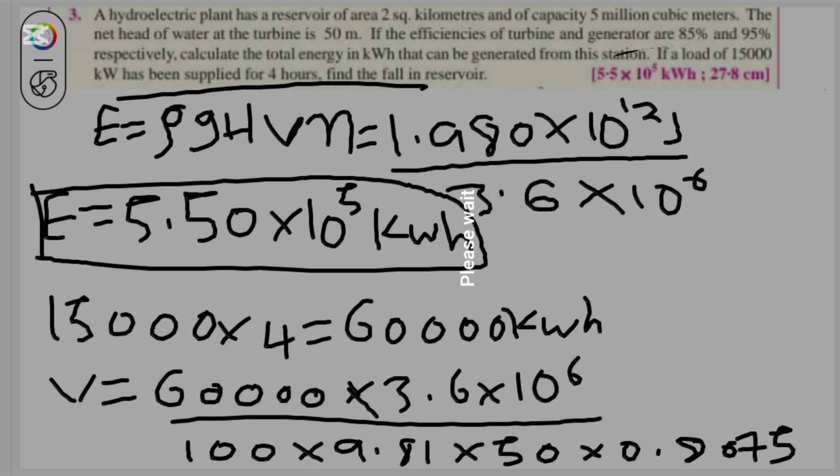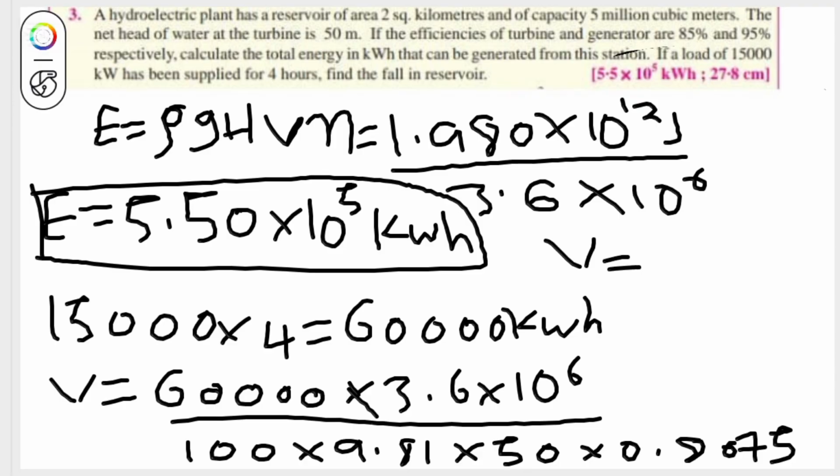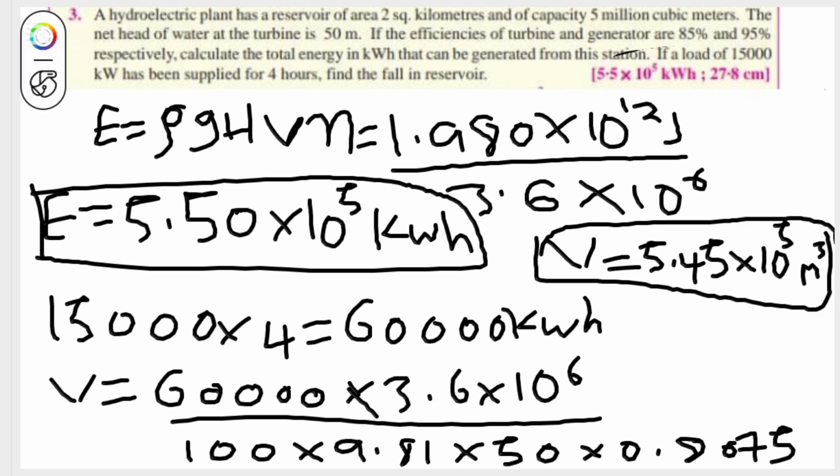So therefore at the end my V should now be equal to 5.45 times 10 raised to the power of 5 cubic meters. This is the volume. Therefore we are asked to find the fall in the reservoir. So how can we find the fall in the reservoir?